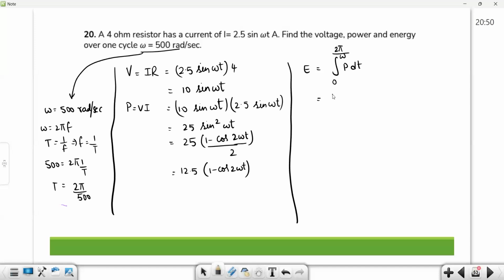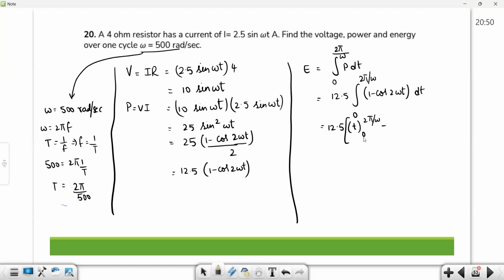Now, what you got: E is equal to 12.5 integral from 0 to 2 pi by omega of (1 minus cos 2 omega t) dt. That means 12.5, and the integration of 1 is equal to t, with the lower limit and upper limit.